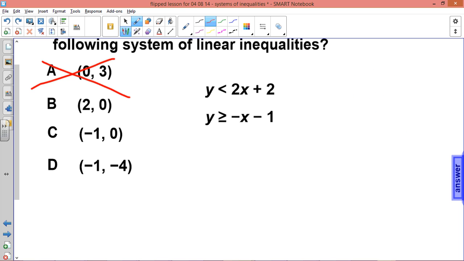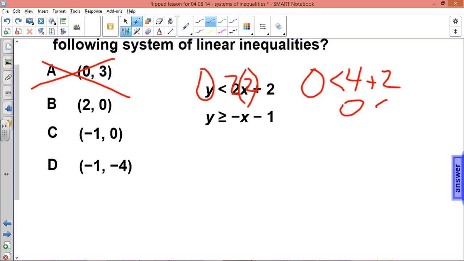Okay, next, 2 and 0. 0 is less than 2 times 2 plus 2. What that is saying, 0 is less than 4 plus 2, or 0 is less than 6. This is a true statement, so I do need to check the other one. 0 is greater than or equal to negative 2 minus 1.